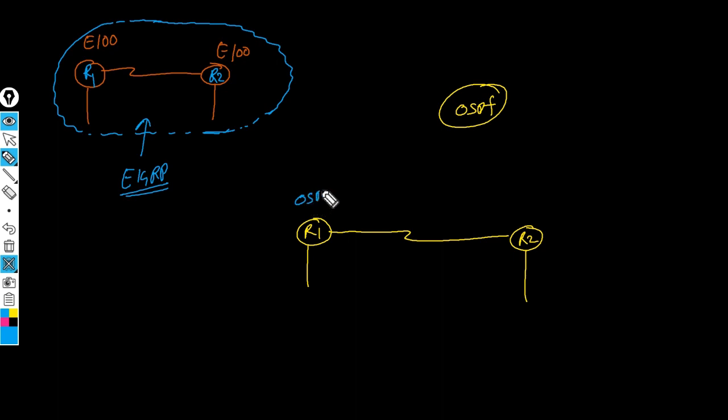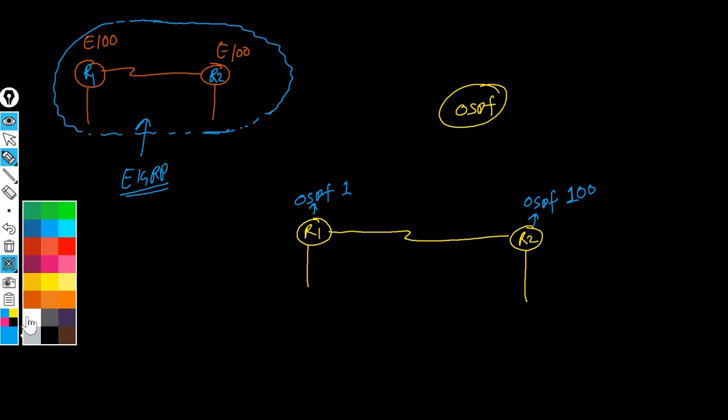While configuring OSPF, we need to provide the process ID, let's say 1 or maybe 100. This OSPF process ID can be the same, it can be different also, because this is just to identify the local OSPF process. Make sure of that.